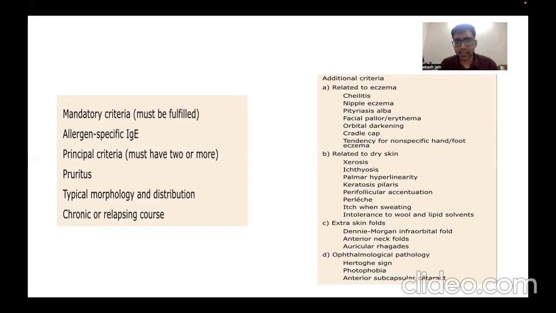Related to the dry skin, that is xerosis, ichthyosis, palmar hyperlinearity, keratosis pilaris, perifollicular accentuation, itch when sweating, intolerance to wool, extra skin folds like Dennie-Morgan infraorbital fold, anterior neck folds, auricular fissures, and ophthalmological pathology, that is Hertoghe sign, photophobia, and anterior subcapsular cataract.